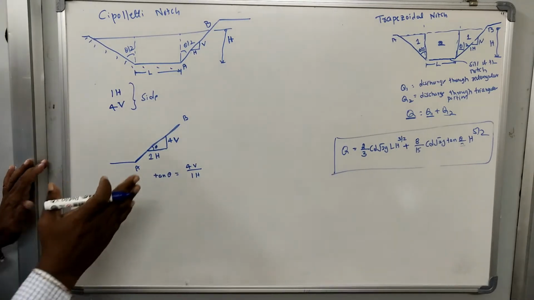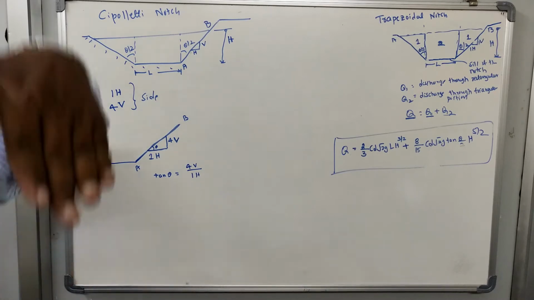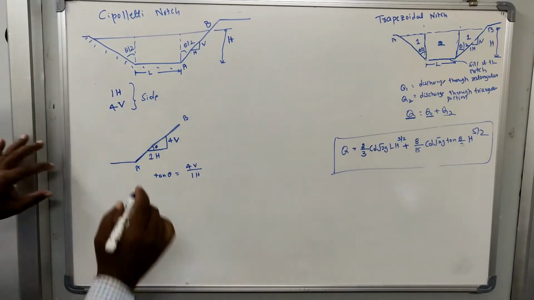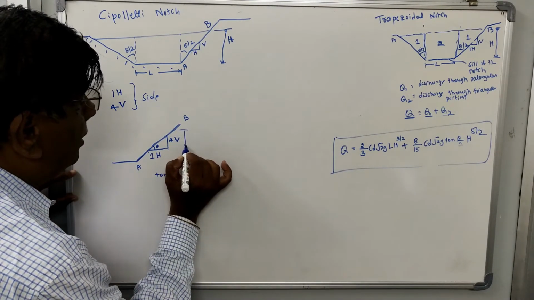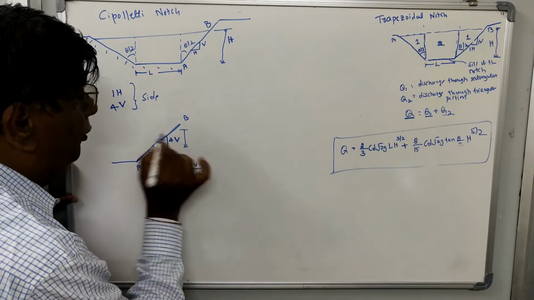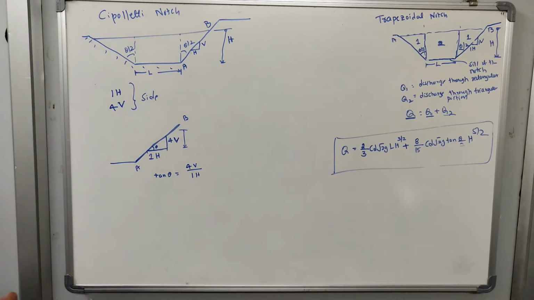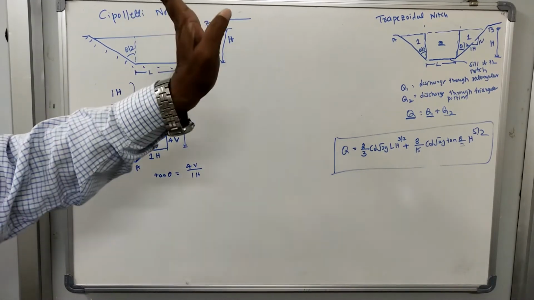It means that for every 1 meter of horizontal length, the vertical height is 4 meters. If this is 1 meter, then this is 4 meters. This is the only difference between the trapezoidal notch and the Cipolletti notch.